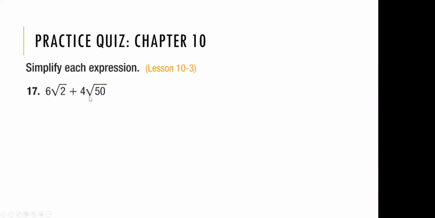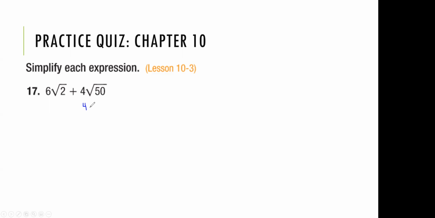All right, so simplify each expression. So we have this number 17, 6 times the square root of 2 plus 4 times the square root of 50. Okay, well, right now we don't have a common radical, but I can break down this square root of 50, okay?